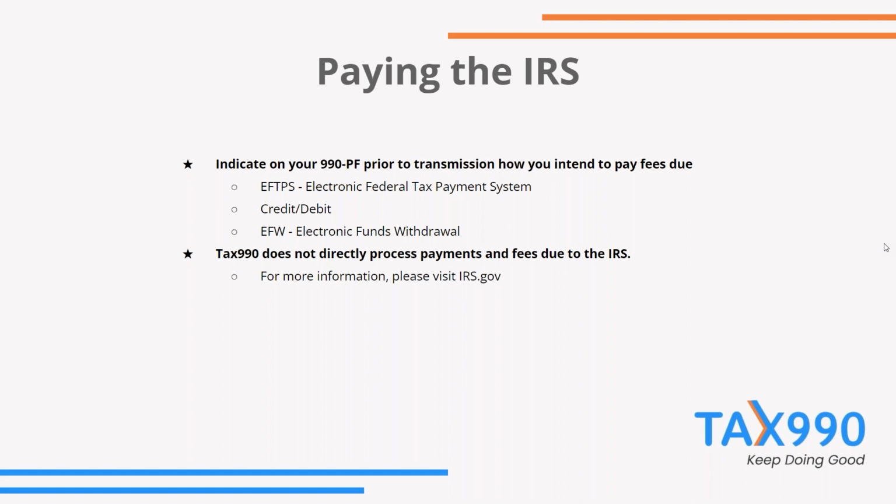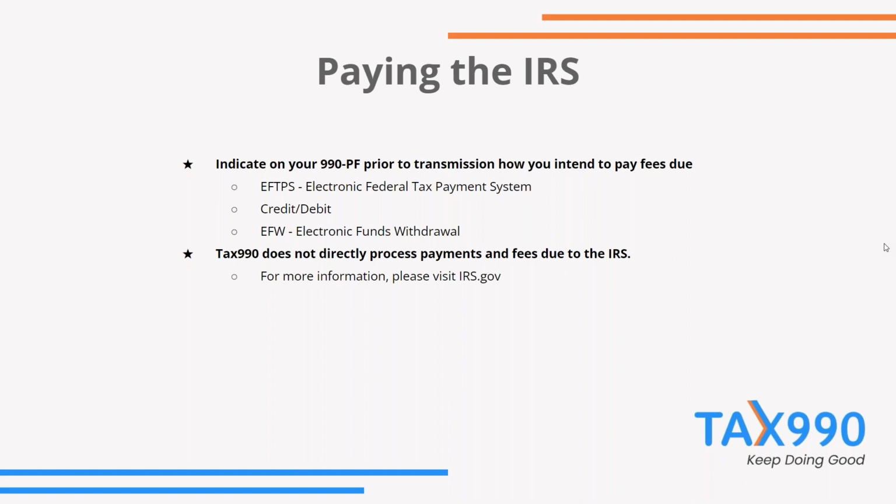While Tax 990 does not support the option to pay fees due directly from your Tax 990 account, when you file with Tax 990, you will be able to indicate on the 990PF prior to transmitting how you intend to pay fees due. The IRS will accept 990PF fees due through EFTPS, which is Electronic Federal Tax Payment System, or EFW, which is Electronic Funds Withdrawal.